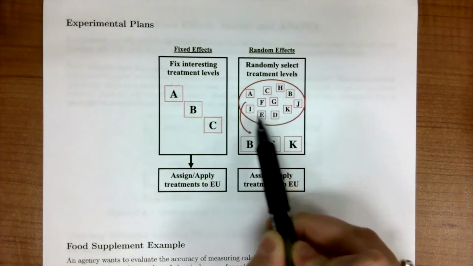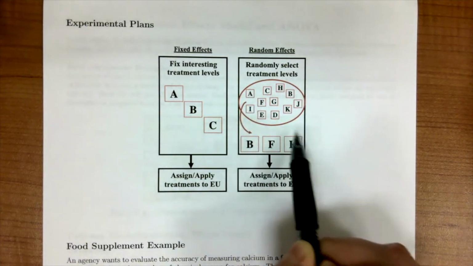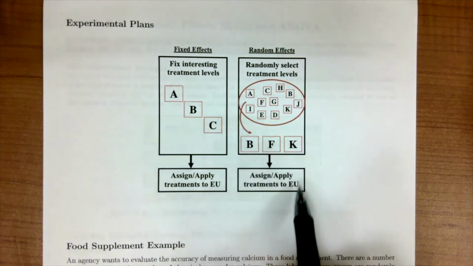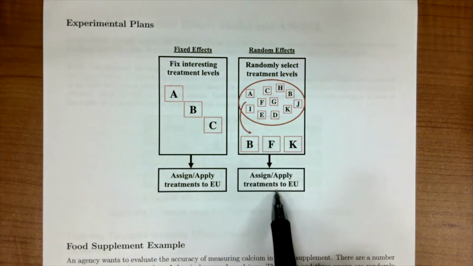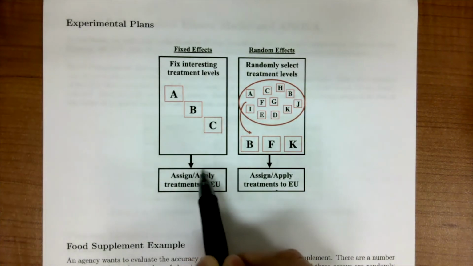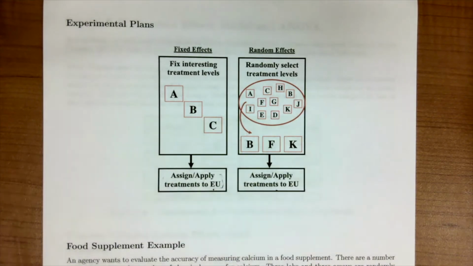This is our entire population which we can choose from. We randomly select 3 treatments, and then we randomly apply them to our experimental unit. Notice this extra step of randomly assigning the treatments to the experimental unit is just good design of experiment protocol.